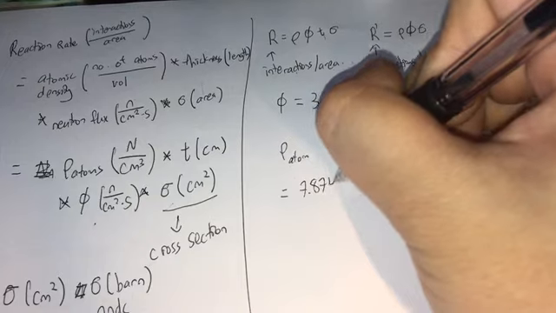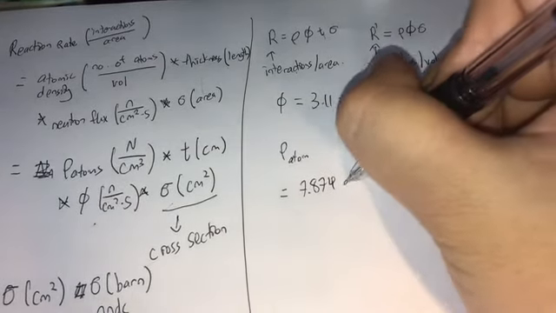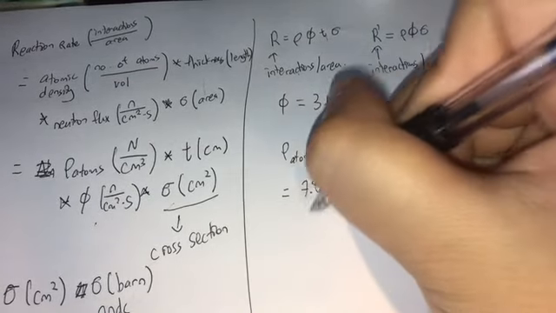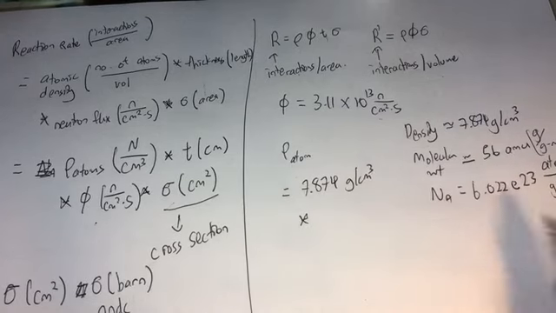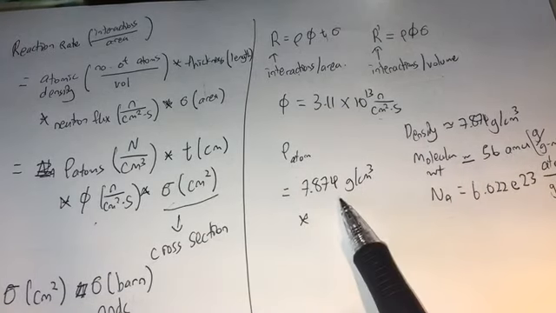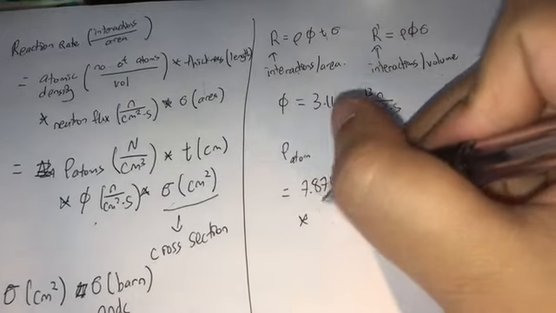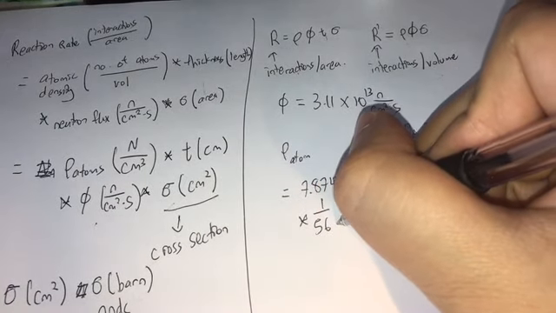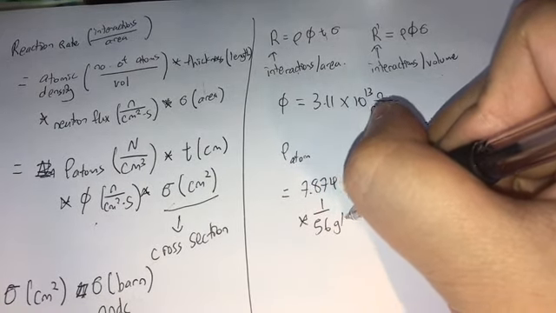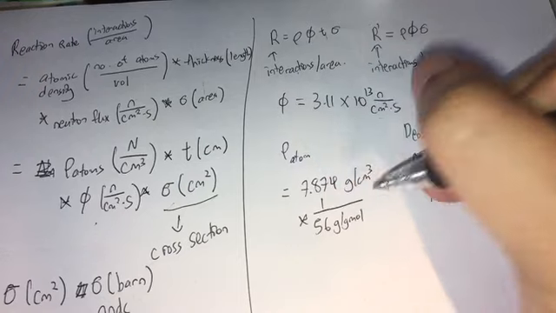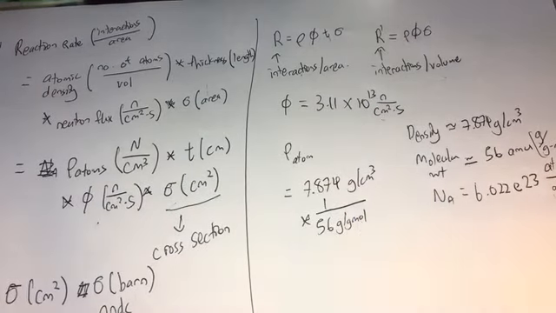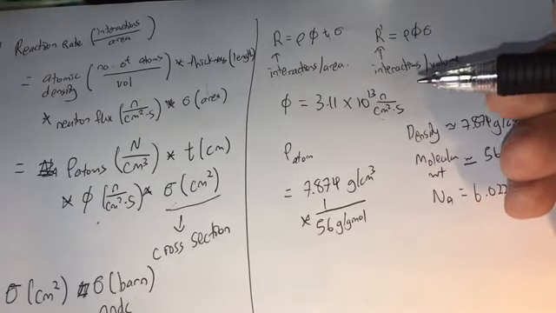We'll take the mass, 7.874 grams per cm cubed, times 1 over 56 grams per gram mole, so we are converting it to moles per cm cubed.